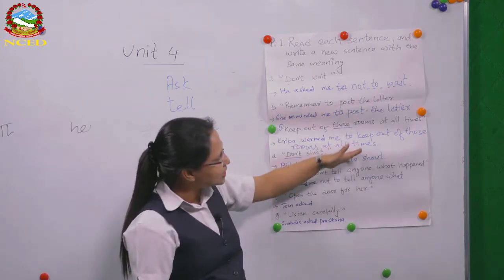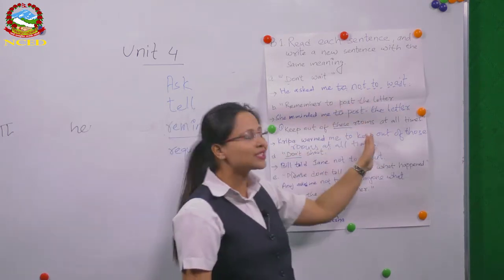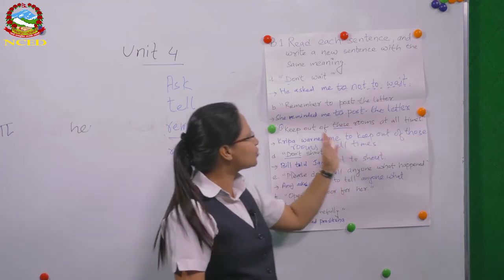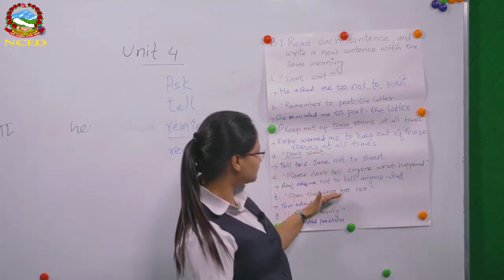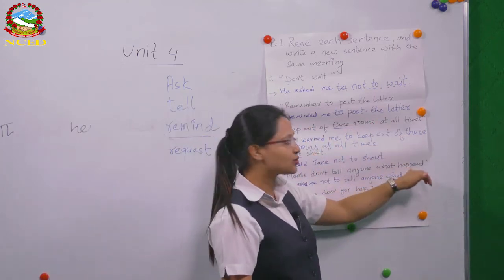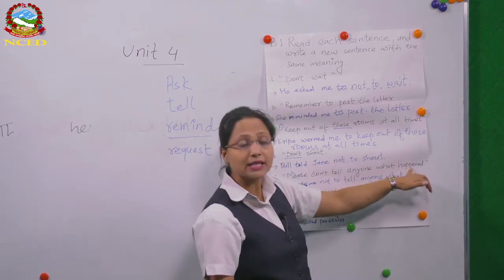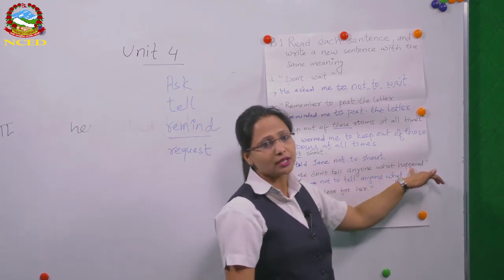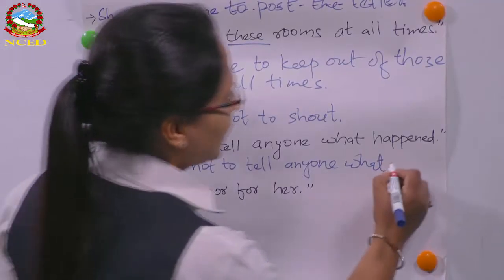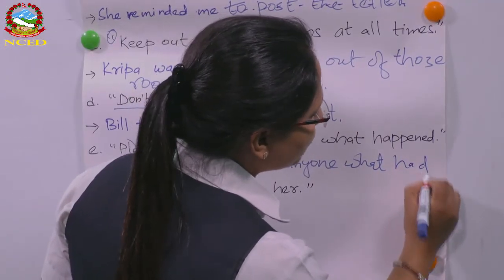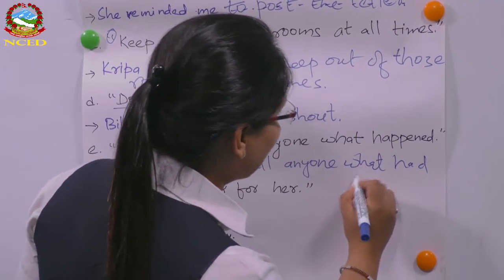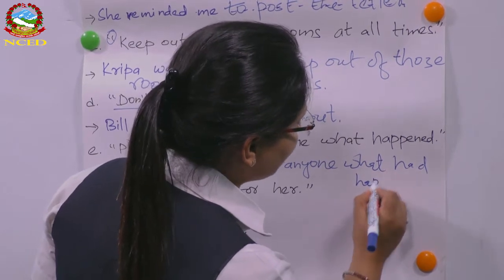In the previous examples, there were no additional clauses, so we didn't change the tense. But here, there is an additional clause, and this is in simple past tense, and we need to change the tense of this clause. So it becomes what? Simple past is changed into past perfect, right? What had happened.